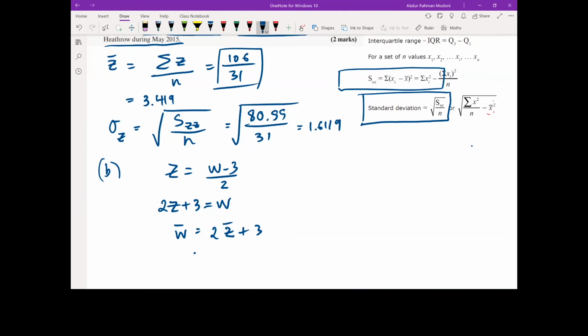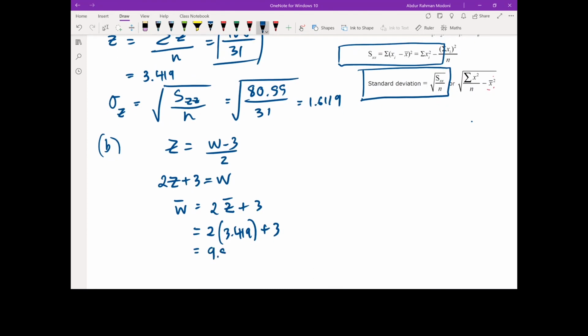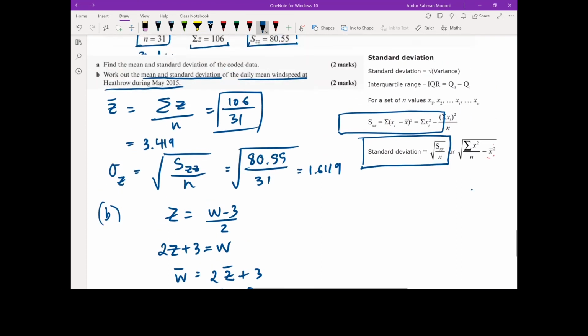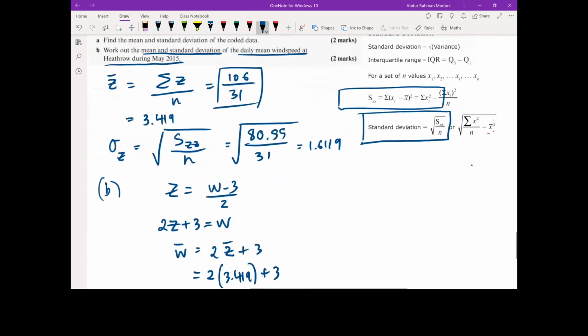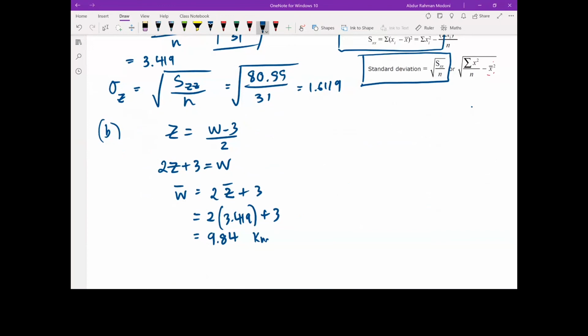So it's 2 lots of 106 over 31, which was 3.419, plus 3. That then gives us a value of 9.84. Wind speed is measured in knots, so 9.84 knots is the mean wind speed.